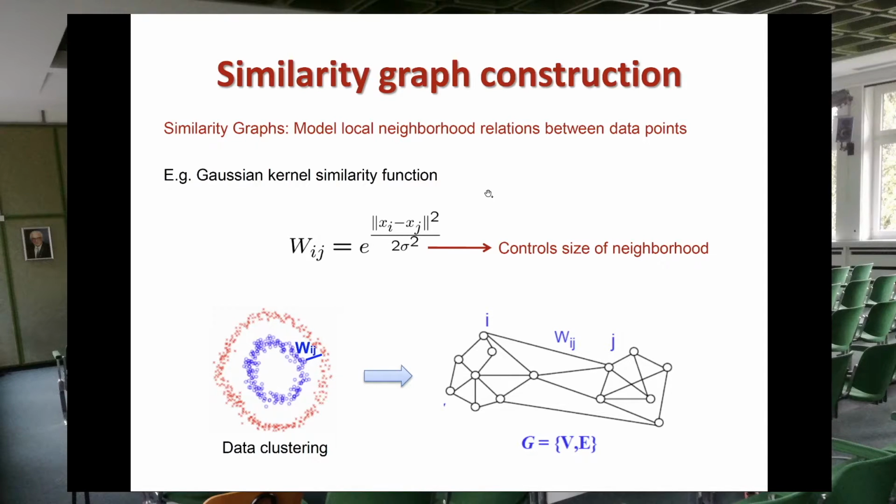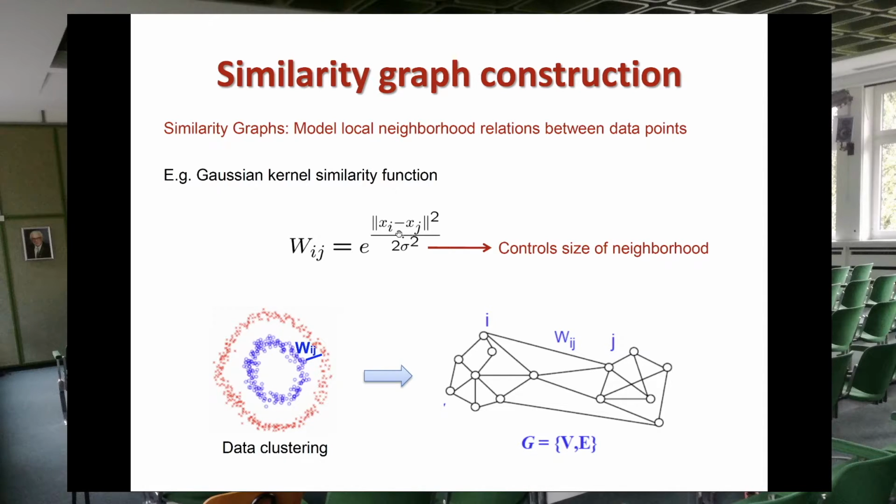One way to define a similarity function is using the Gaussian kernel. Given 2 points xi and xj, the similarity between these two points is computed as the exponential of minus the squared Euclidean distance between our points xi and xj.